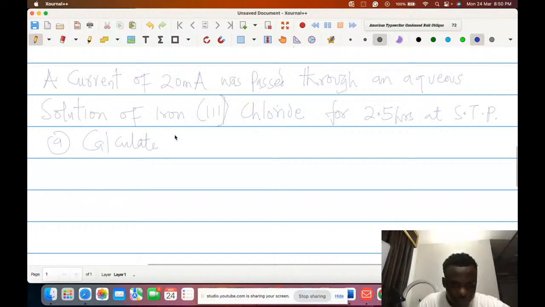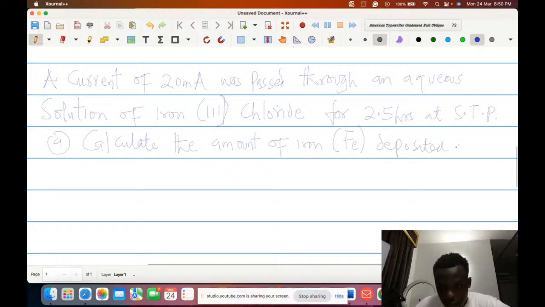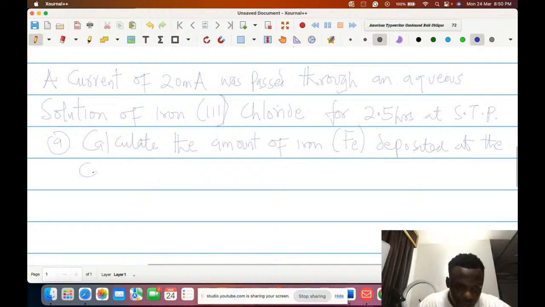calculate the amount of iron deposited at the cathode.